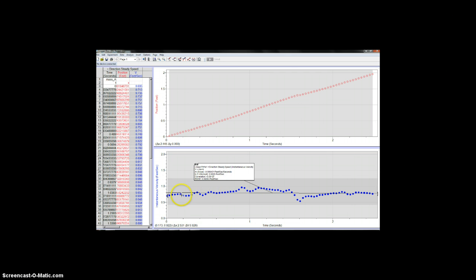Okay, so the equation right here, m for slope, represents the change or slope in this velocity versus time graph. You may notice that it is a very, very small number.